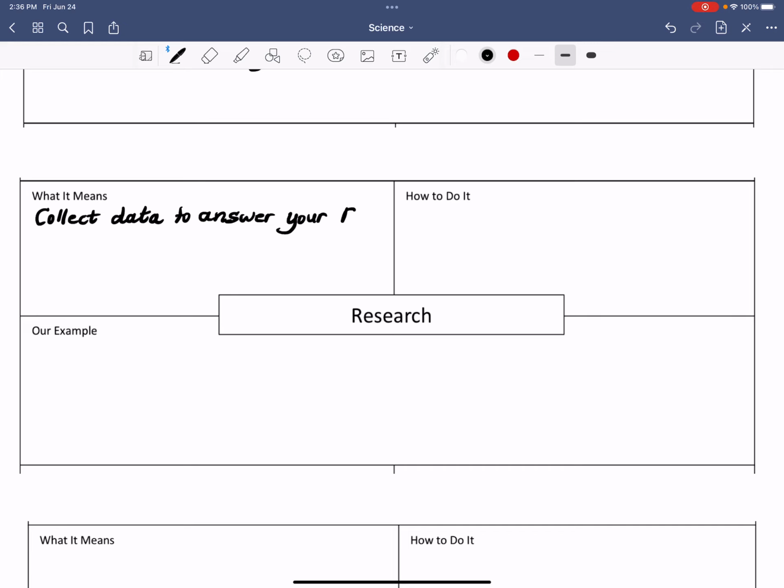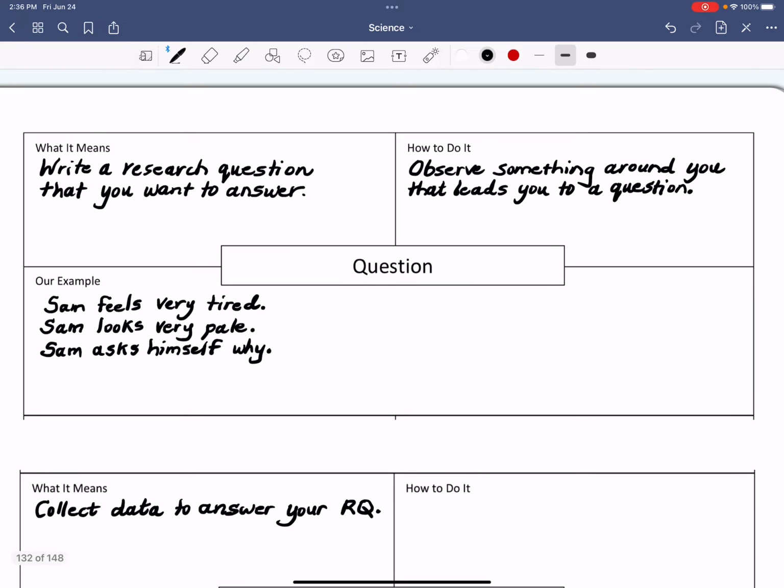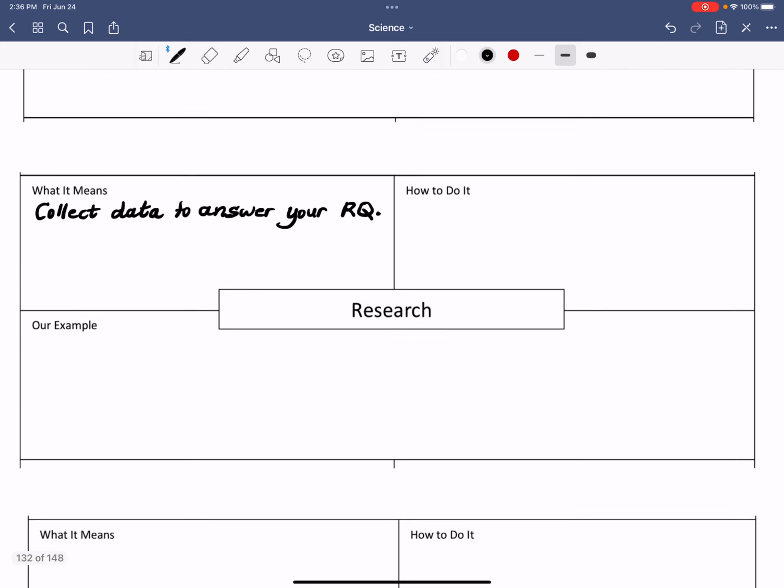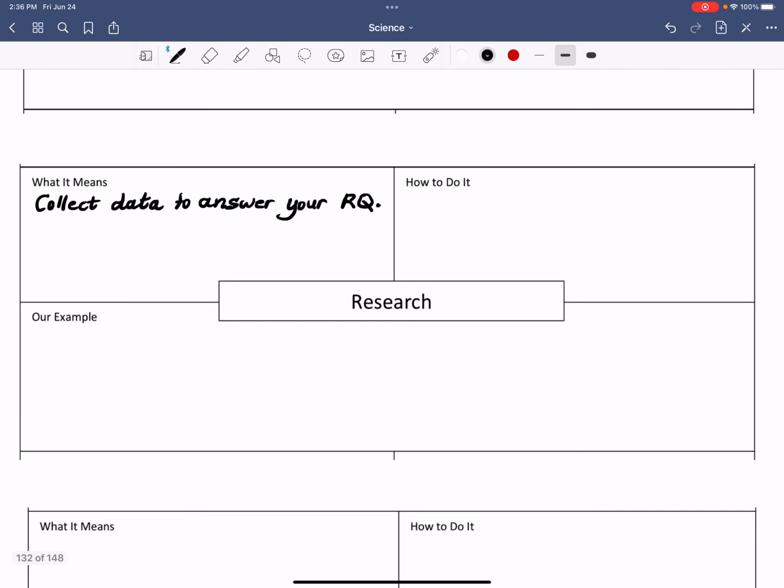And I'm going to abbreviate research question as RQ. So let's go back to the other one. And where it says research question, I'm going to put RQ. So we remember what that RQ stands for. RQ, research question. So you collect data to answer your research question.